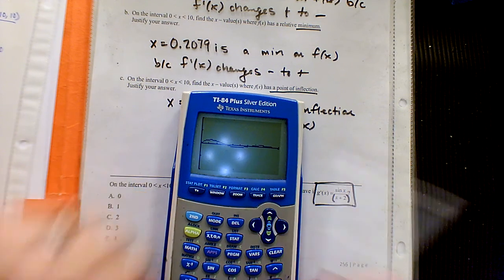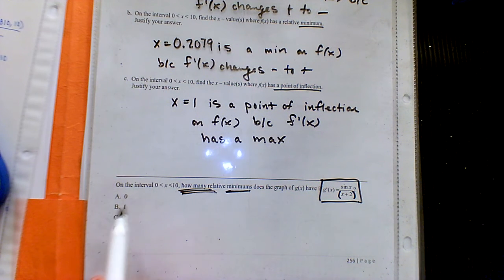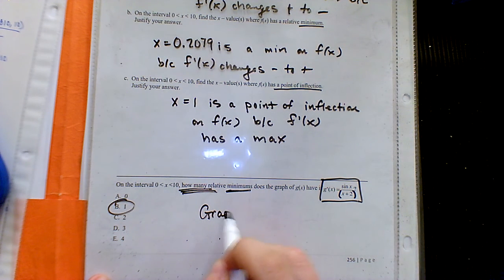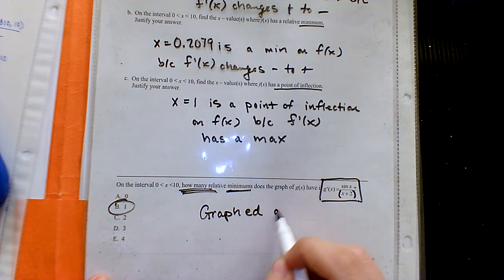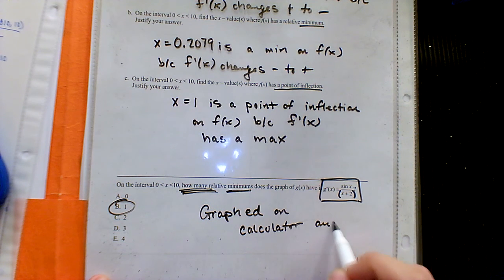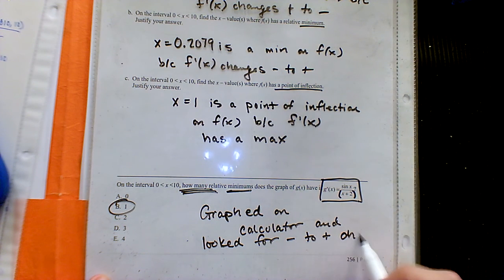So if that's the only spot that we have, okay, how many is the question it's asking? Looks like we only have 1. Maybe we'll say, just so you have this in your notes, graphed on calculator and looked for negative to positive change.